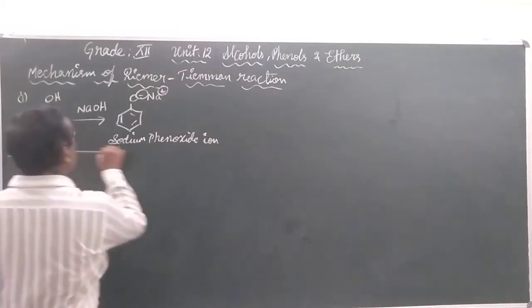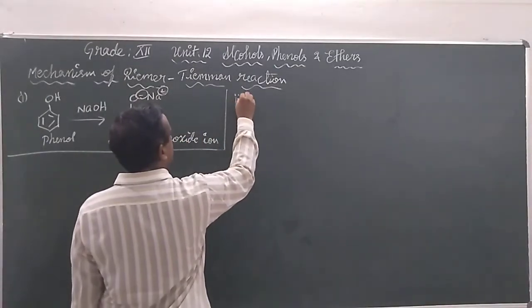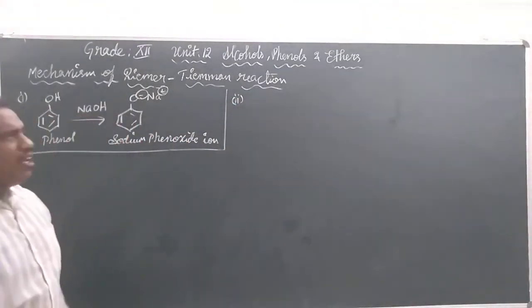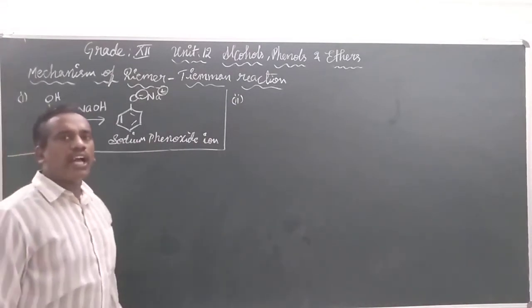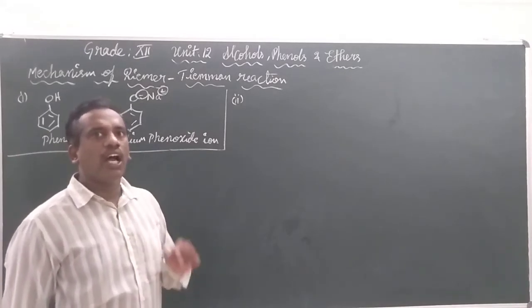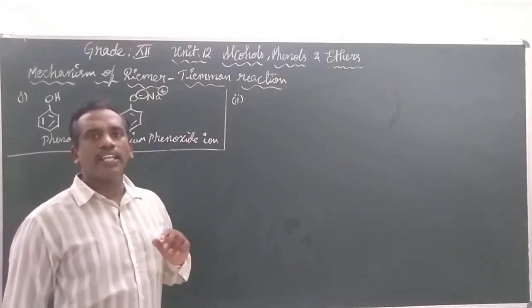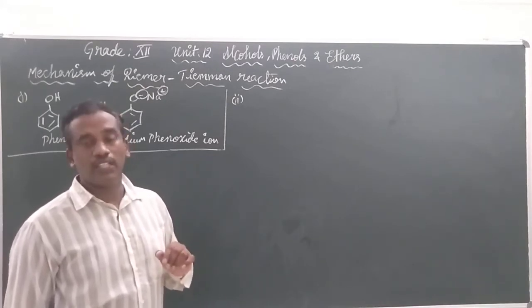Now, let us make the second step. The second step in the mechanism is, for this sodium phenoxide ion, what are the reagents we had added? We had added chloroform in the presence of aqueous NaOH. Yes or no?